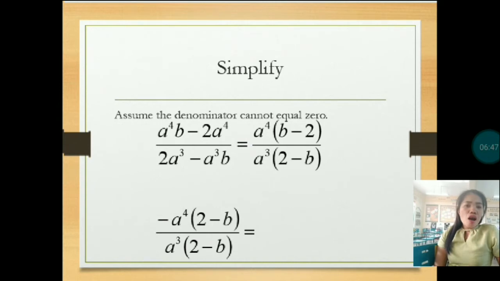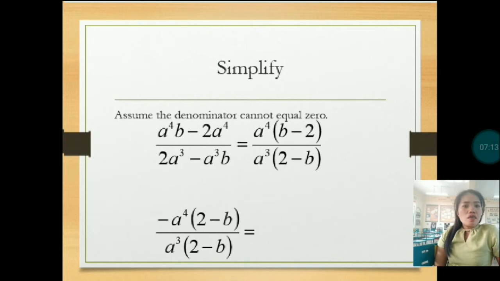The common monomial factor in 2a cubed and a cubed b is a cubed. So 2a cubed divided by a cubed, that leaves us 2. Then negative a cubed b divided by a cubed, we have negative b. That is why our factors for the denominator is a cubed times the quantity 2 minus b.